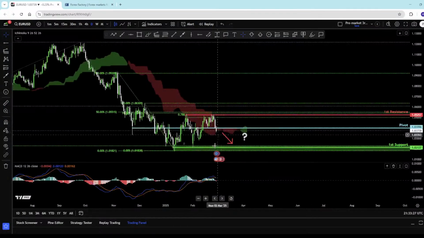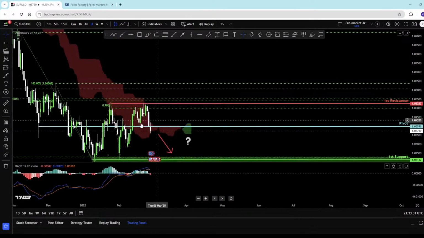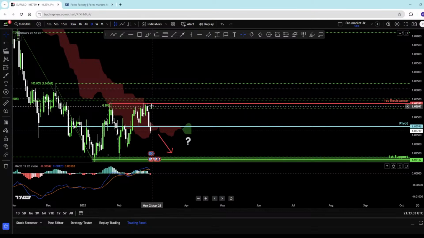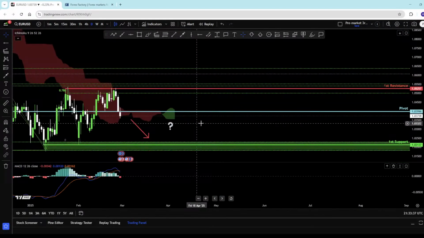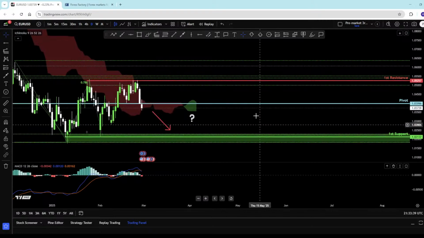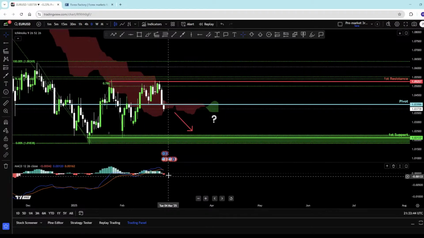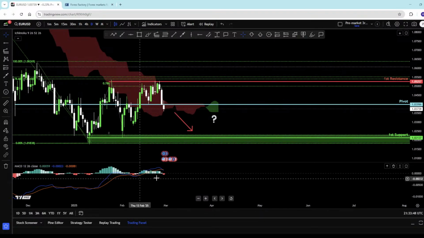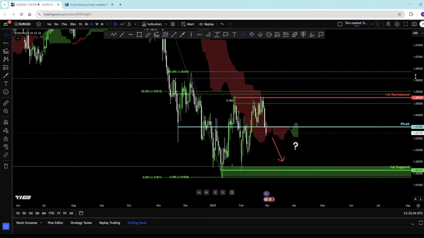You can kind of see Ichimoku. Price has been moving within the cloud, which is a transition signal, but currently prices are peeking below that cloud, so it does give us a bearish signal. MACD is giving us a very slight bearish signal as well, but I don't want to use this now because I want to wait for it to give me a stronger bearish signal.